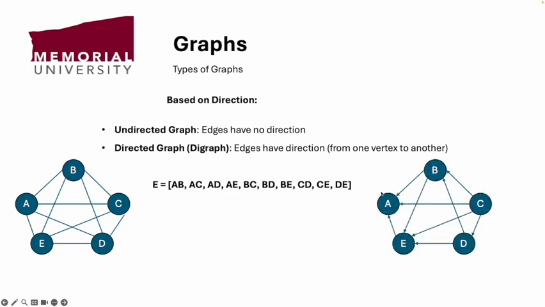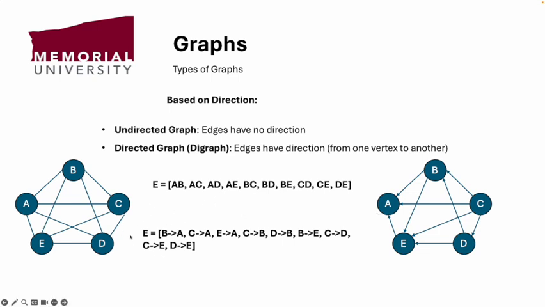Now, like this way, once we define that this is a directed graph, we define the arrow, which means they define the direction. For example, here you cannot go from A to B. It only applies for B to A because it defines the direction.